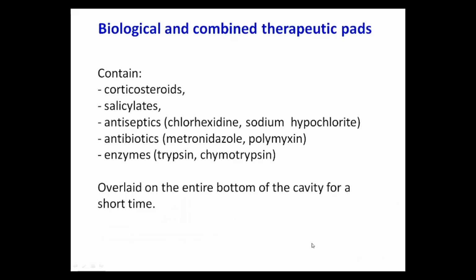Biological and combined therapeutic pads contain corticosteroids, salicylates, antiseptics, chlorhexidine, sodium hypochlorite, antibiotics like metronidazole and polymyxin, different enzymes like trypsin, chymotrypsin. They overlay the entire bottom of the cavity for a short time.